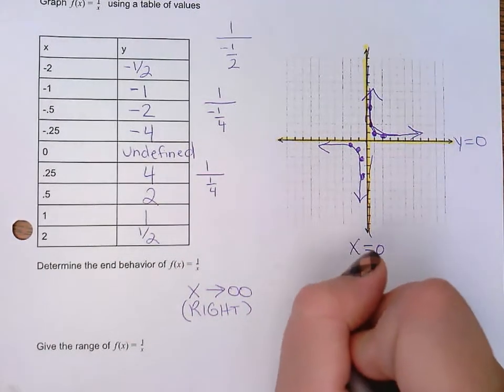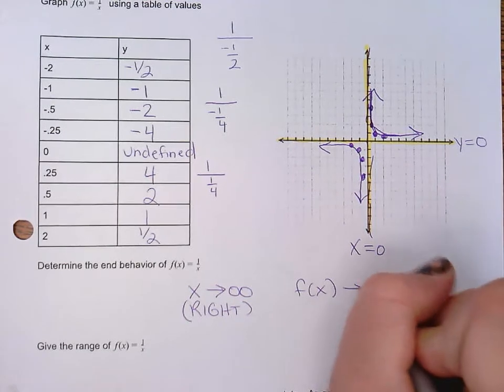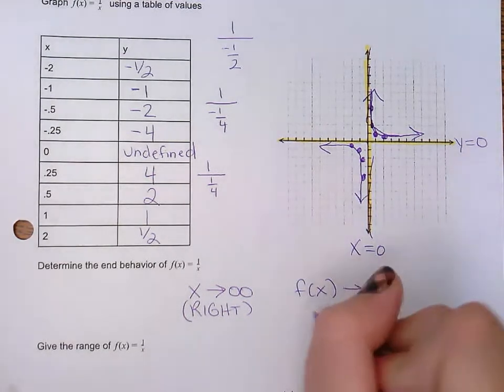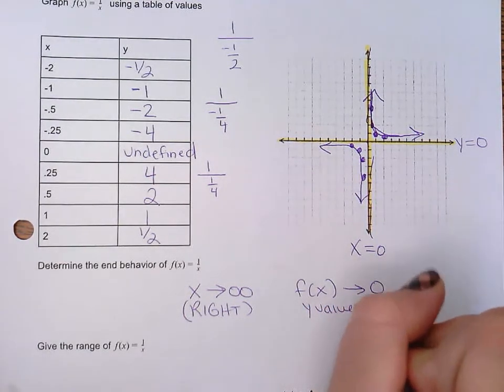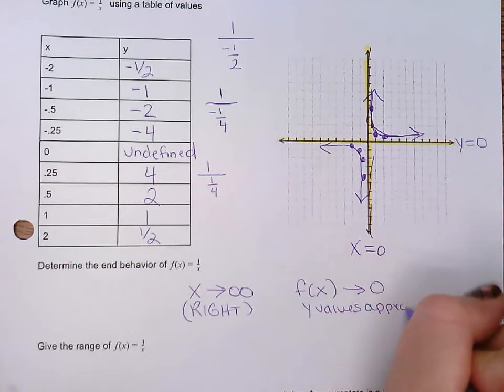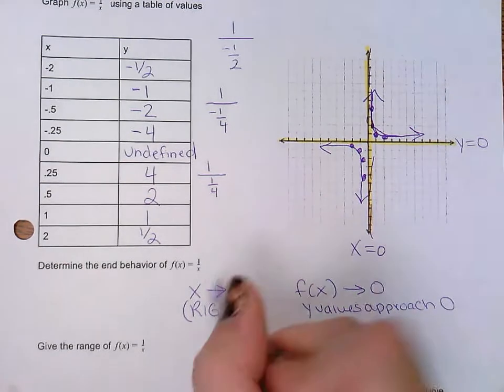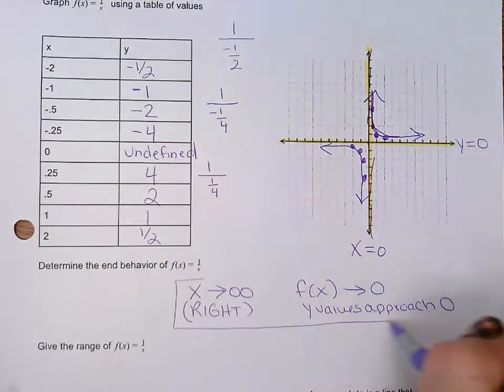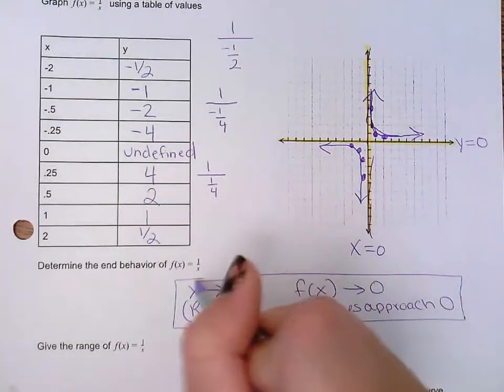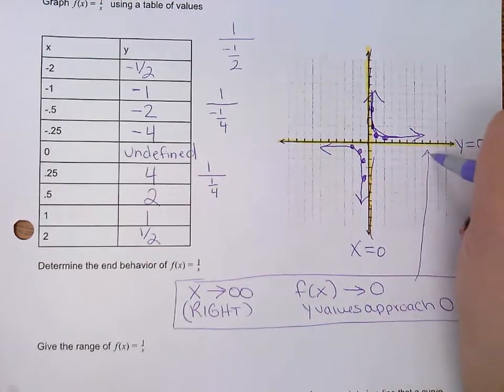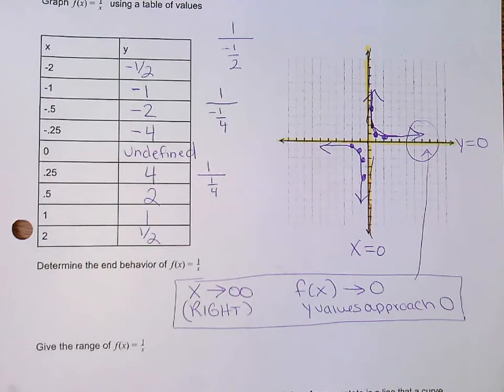The function f of x approaches 0, right? The y values approach 0. So that's my first end behavior, looking at this end of the graph.